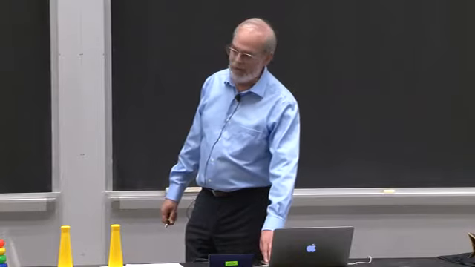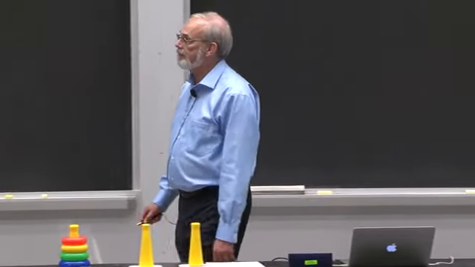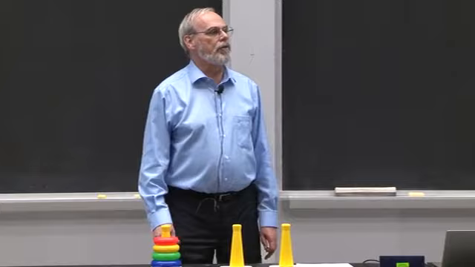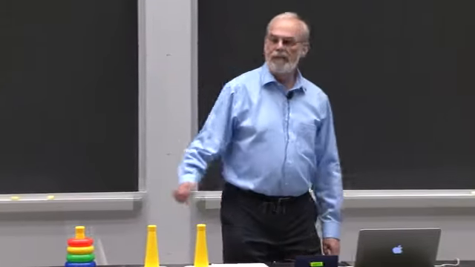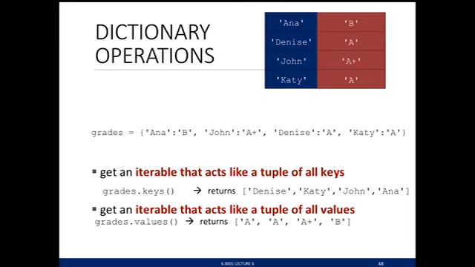Let me show you a couple of other things about dictionaries. I can ask for all of the keys in the dictionary. Notice the format. There's that dot notation. Grades is a dictionary. It says use the keys method associated with this data structure, dictionaries. Open close actually calls it, and it gives me back a collection of all the keys in some arbitrary order.